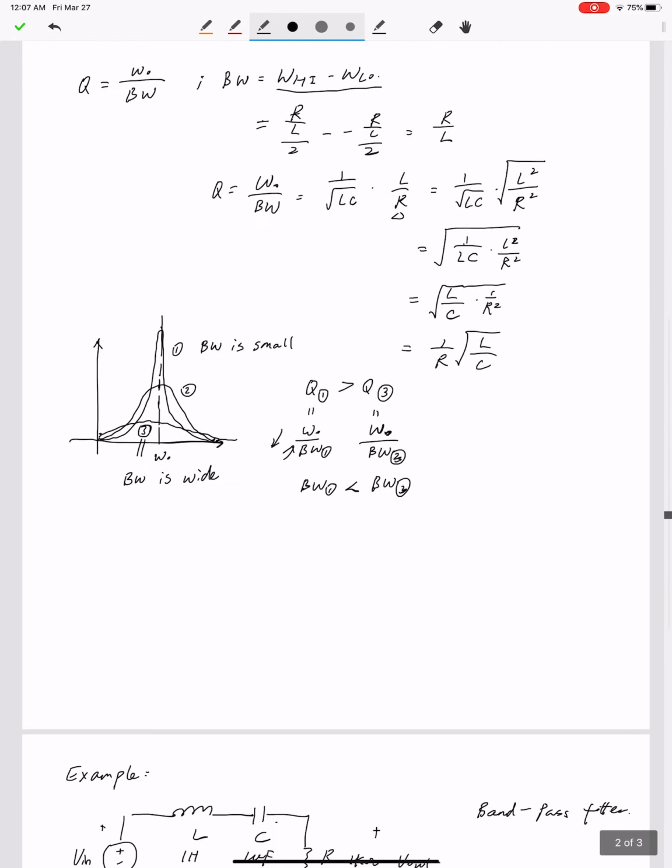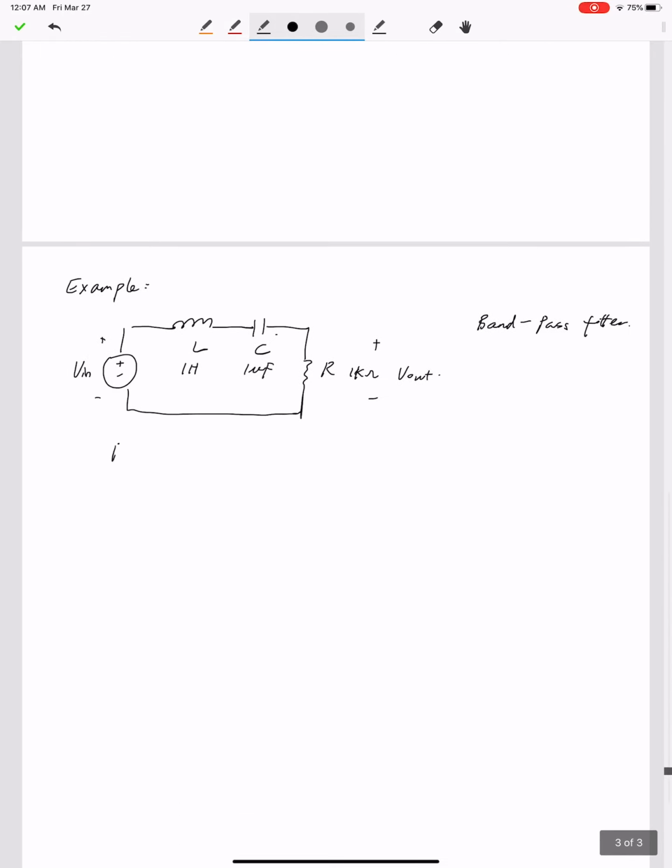Alright, so in this question, we need to find central frequency omega 0, low cutoff frequency omega low, and high cutoff frequency omega high, and the bandwidth BW. Okay.